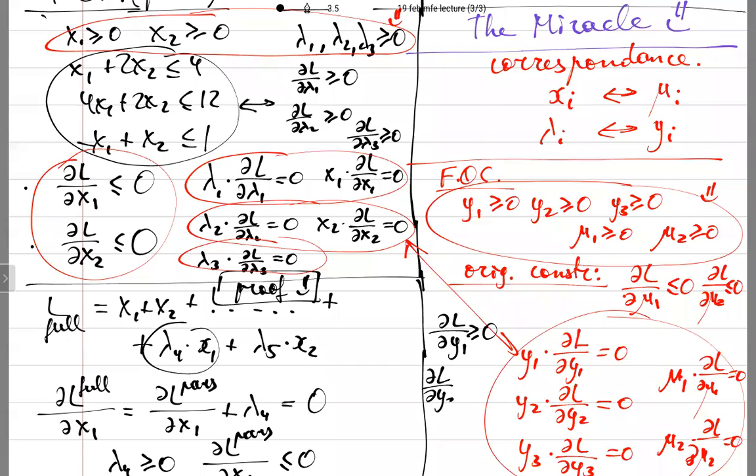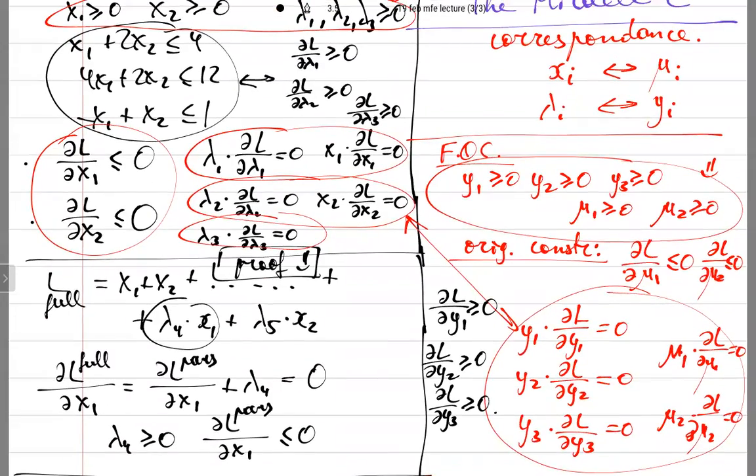And the same thing for y2 and the same thing for y3. Basically, I see that not only is the Lagrangian function the same up to renaming of variables, but the first order conditions are the same. These two problems, problem A and problem B, are related. It's just the same problem, but with the renaming of variables.